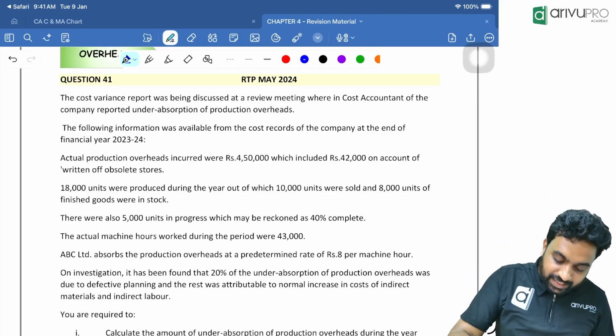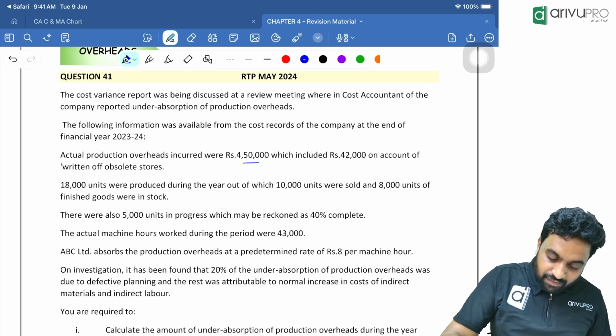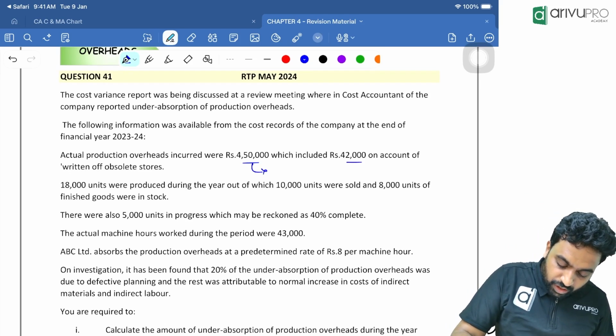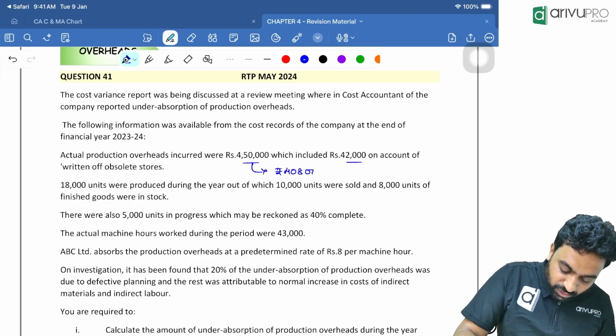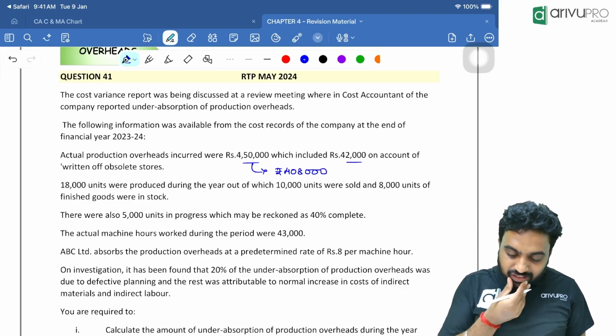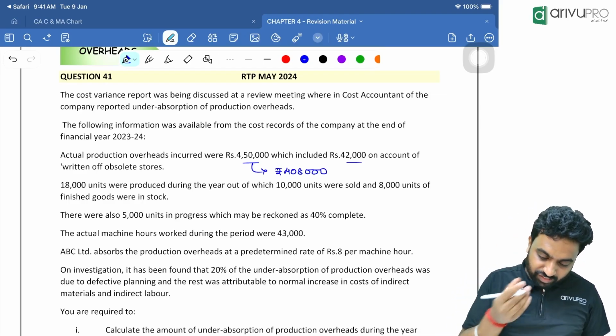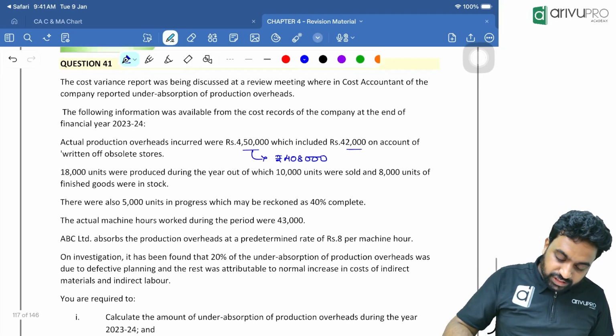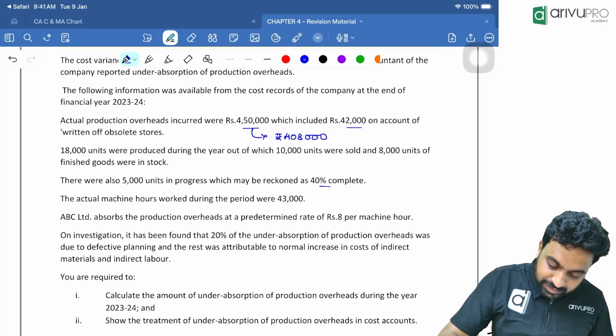Actual production overhead is 4,50,000, which includes 42,000 written off as obsolete. Moral of the story, actual overhead is 4,08,000 only. 18,000 units were produced during the period, where 10,000 are sold and 8,000 are still in stock. And there were also 5,000 units in progress, which are 40% complete.